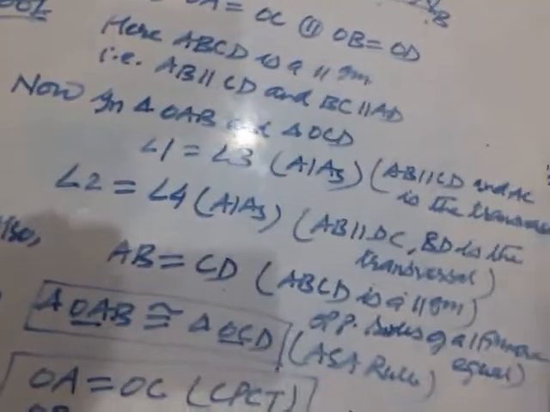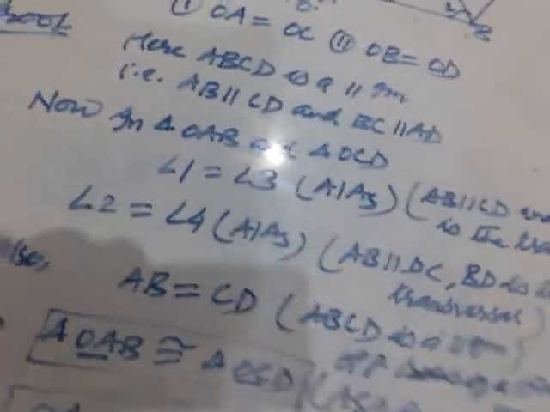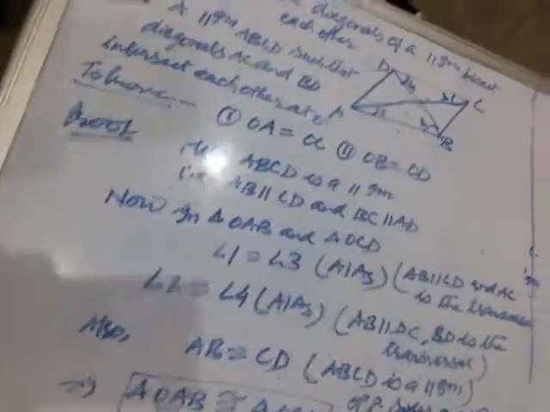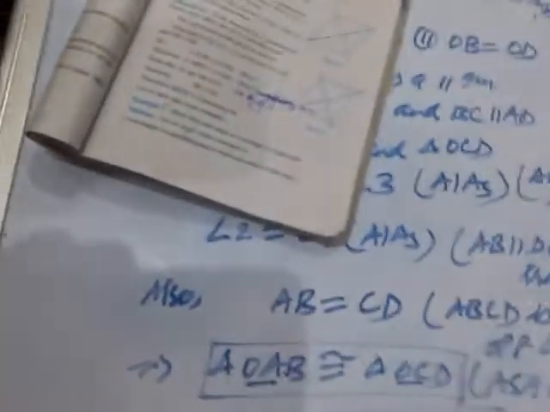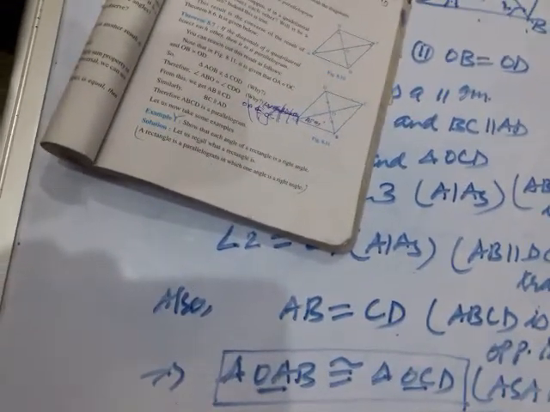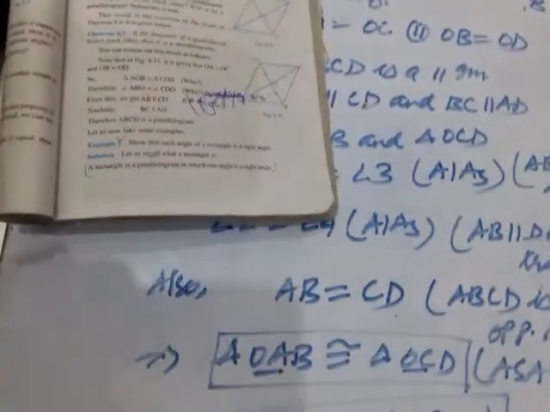Now what is the next question? The next theorem, children, let us write the statement over here. Where is the textbook? Your theorem 8.7. What is its statement?